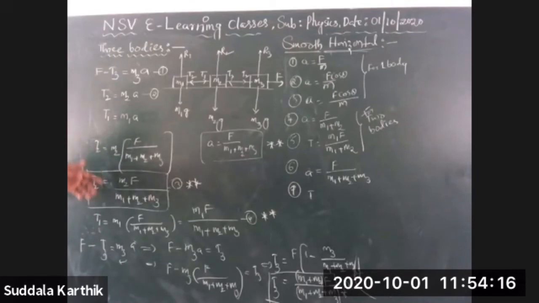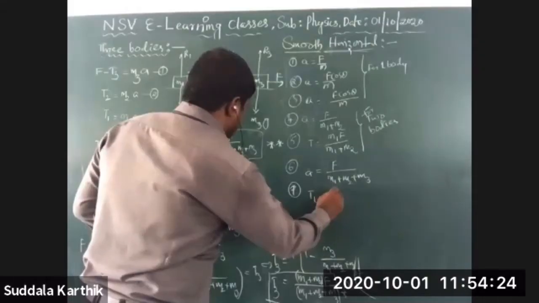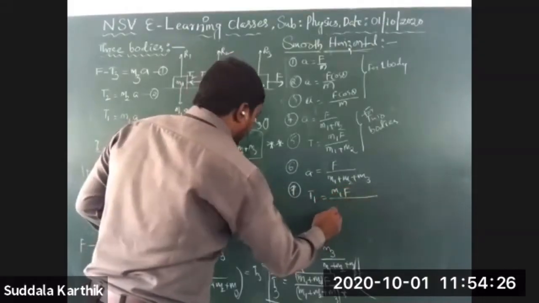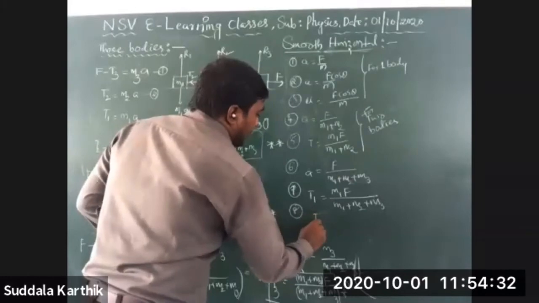T2 or T1? T1 is what? T1 is equal to m1 F by m1 plus m2 plus m3. The eighth one, T2 is equal to how much?